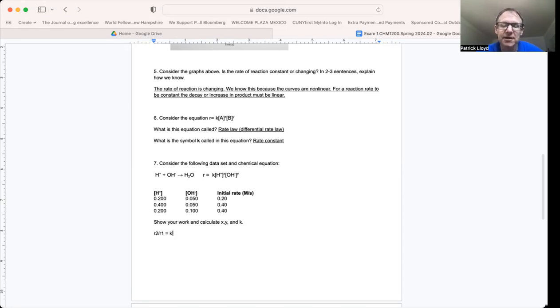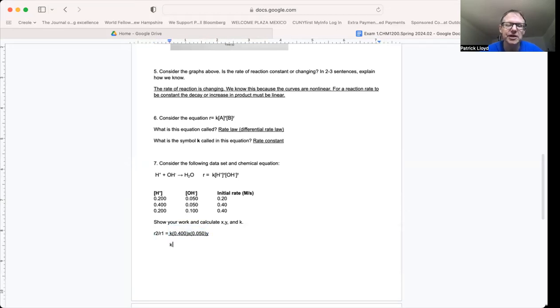So K, and then for the concentration of H plus, it'd be 0.400, and that would be raised to the X. Okay, and then I'll superscript that in a little bit. And then times 0.050 to the Y. Okay, and then I'm going to divide that by, so let's do it this way. I'll just underline this.